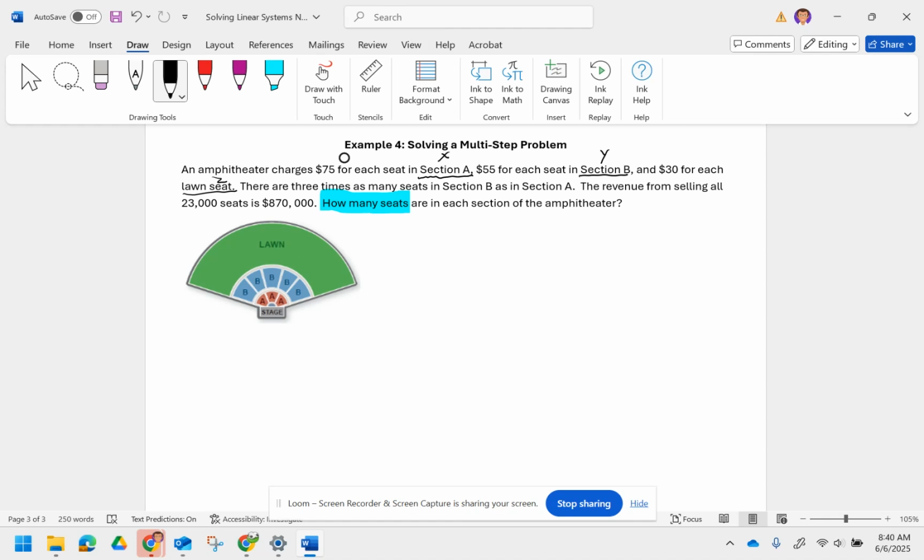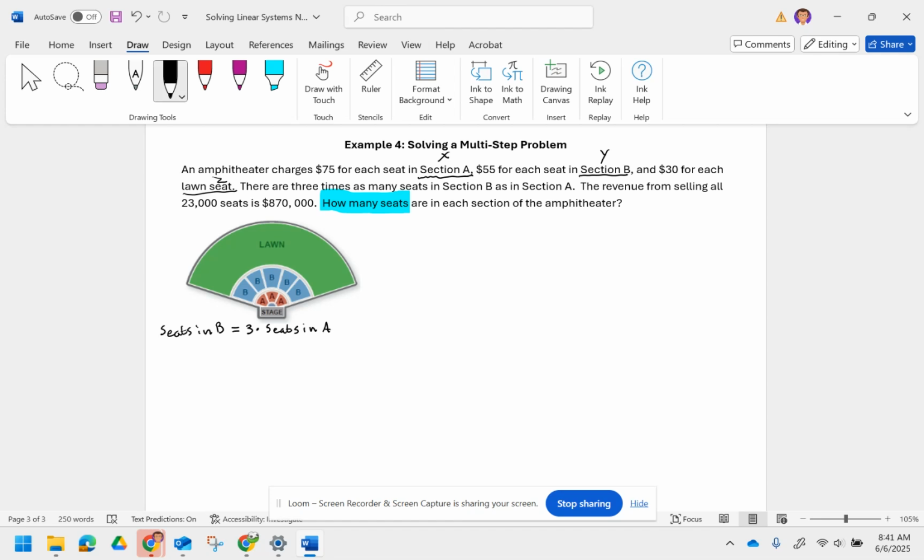Okay, now that we've decided on that, let's set up some equations related to things that they've told us. One of the easiest ones is I'm noticing there are 3 times as many seats in section B as in section A. So let's first write that just in words. Seats in B is equal to 3 times as many seats in A. All right, so there's one verbal equation.